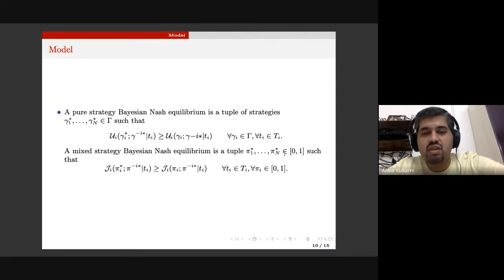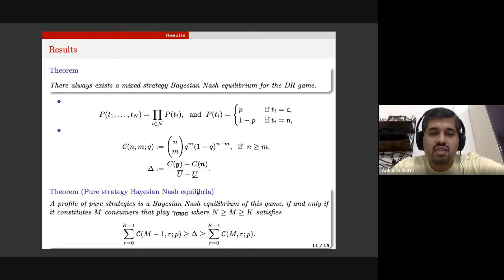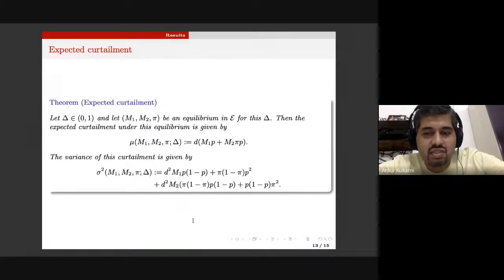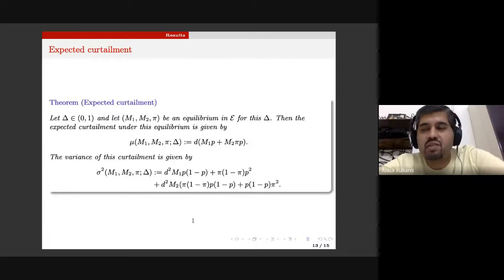So it's a probability of playing each of these strategies. After you do this analysis, it turns out you can do a few calculations and show that there is always a Nash equilibrium to this game. You can compute what is the fraction of players playing each of these strategies. You can characterize the equilibrium of this game and what kind of players use what kind of strategies, and here's the main result, which is that you can compute the expected curtailment from this.